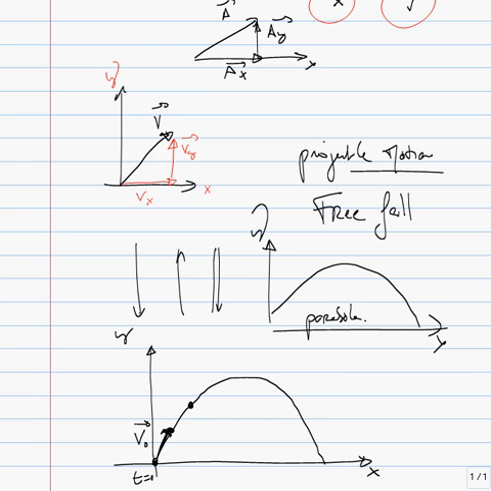Then at some later time, remember, the instantaneous velocity is going to be the tangent. So this would be v1. At some later time, this would be v2. Then v3 at the top. Then v4, etc.